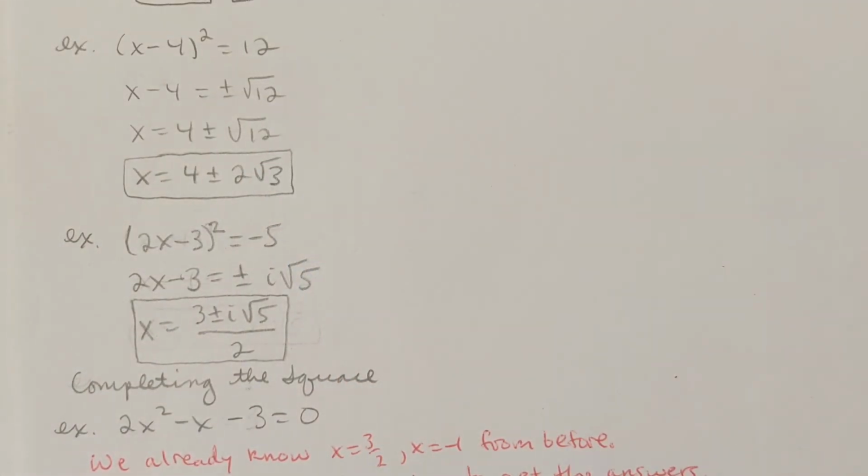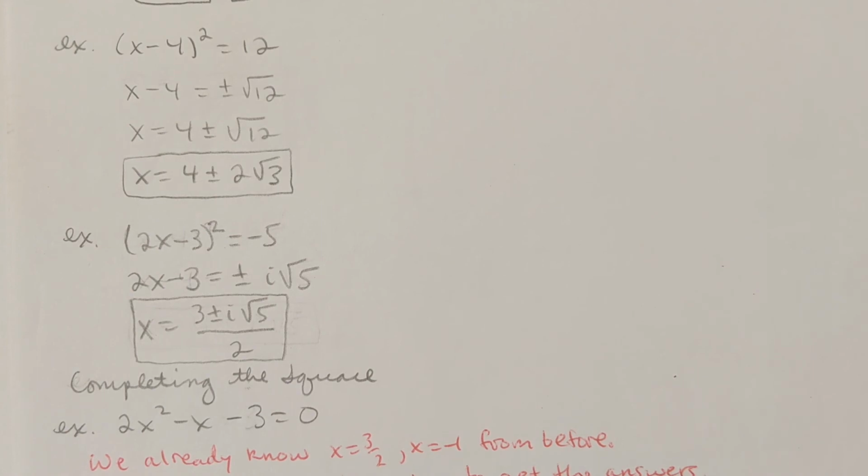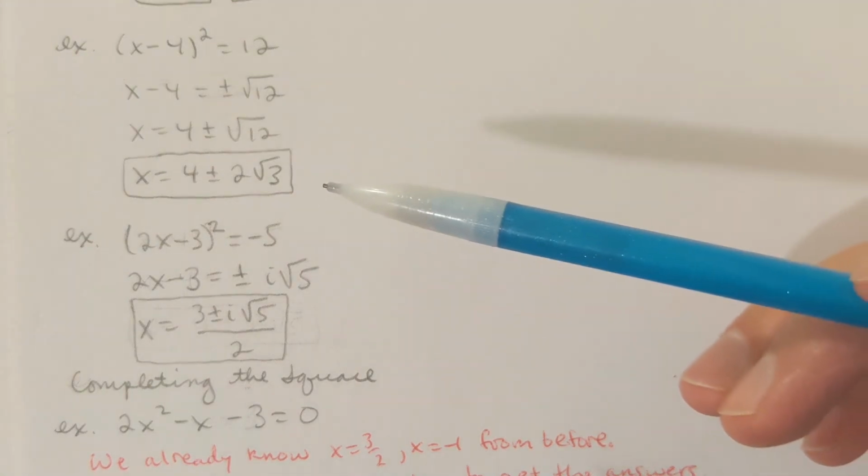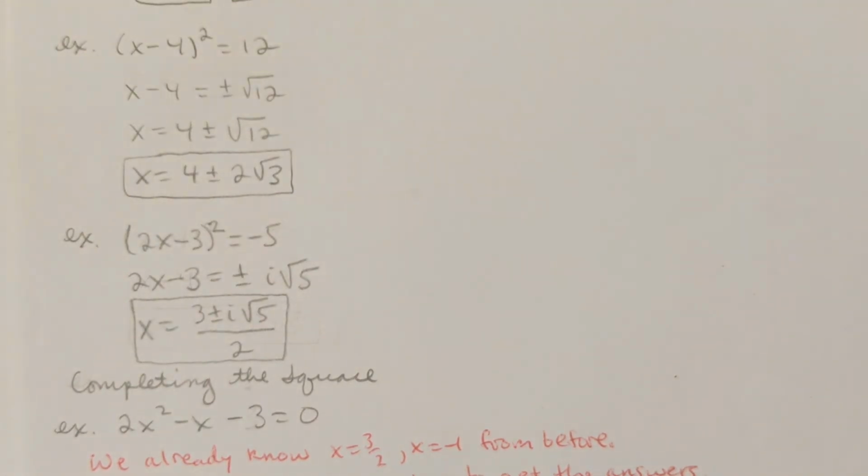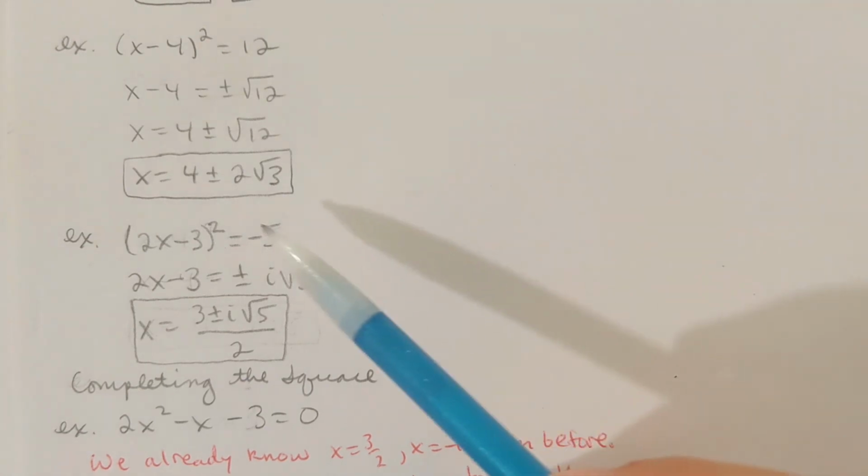The next problem, x minus 4 squared equals 12. If you take the square root of both sides, x minus 4 equals plus or minus root 12. Add 4 to both sides, and root 12 breaks down as 2 root 3. So 4 plus or minus 2 root 3 would be the 2 answers there.